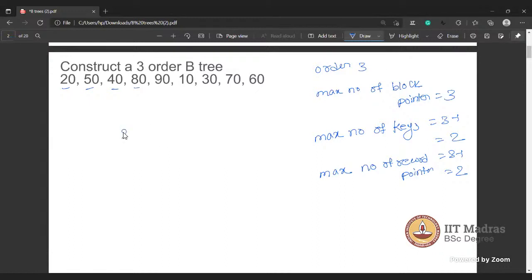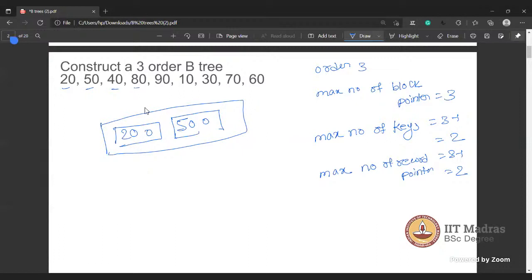So 20, this is the record pointer. Then let's insert 50. This is the record pointer. When we insert 40, the maximum number of keys is reached, right? So 40 should be inserted in this position, and it should split up.